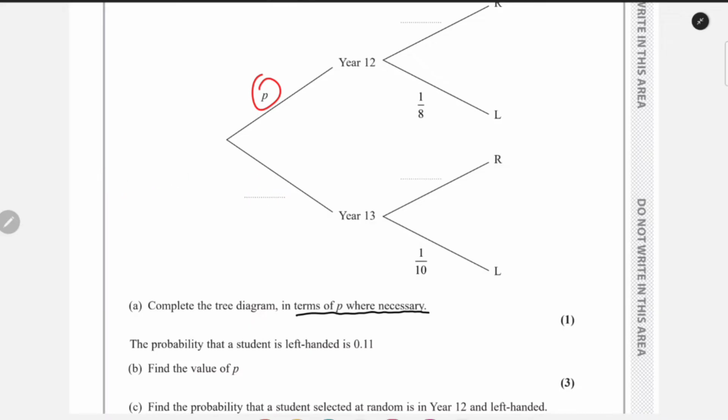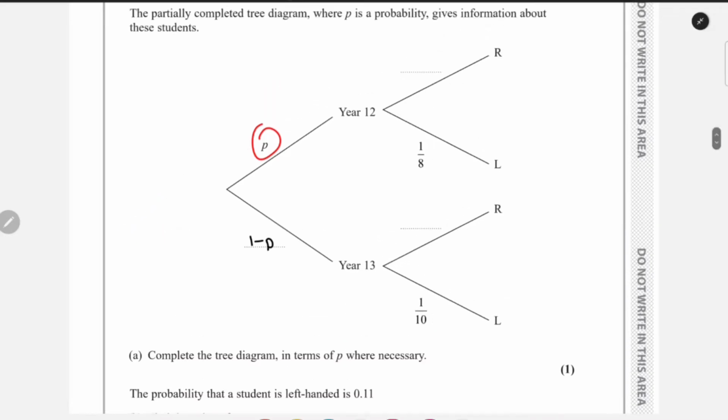So if this was Q, P plus Q would be 1, so Q would be 1 minus P. So instead of Q, I'll just write 1 minus P over here, because we have to answer in terms of P when necessary.